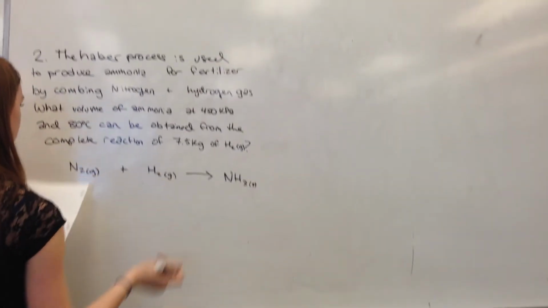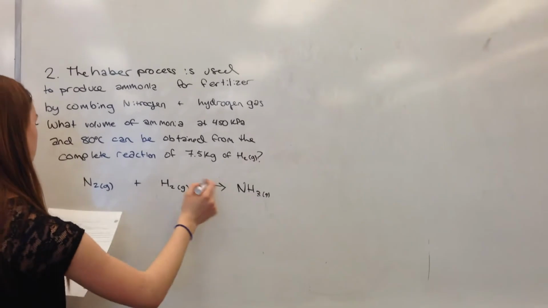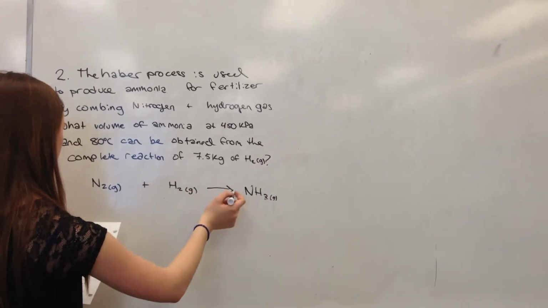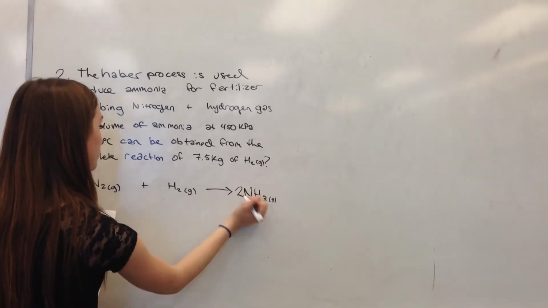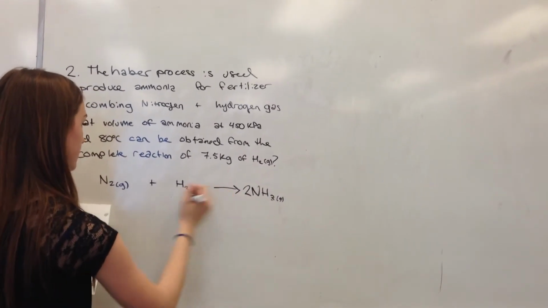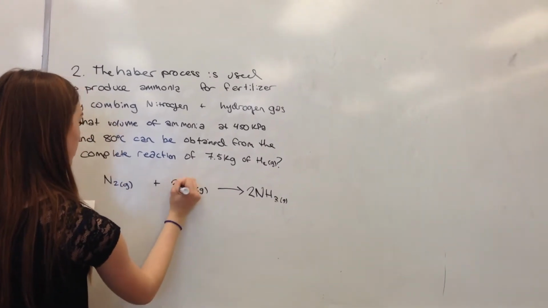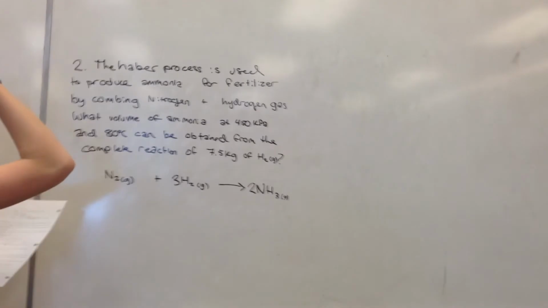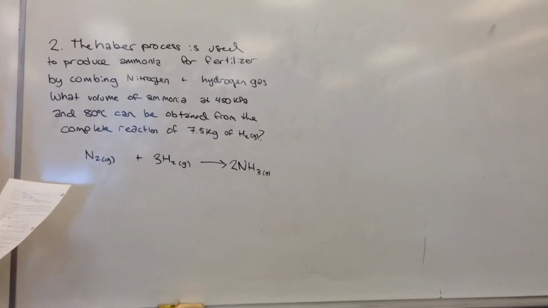And then we need to balance the equation. So we have 2 nitrogens here, so we need 2 here. Put 2 in front, that gives us 6 hydrogens. So in order for this to be 6, 3 there. And you have a complete balanced equation.